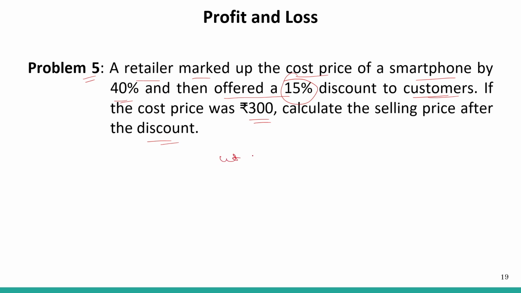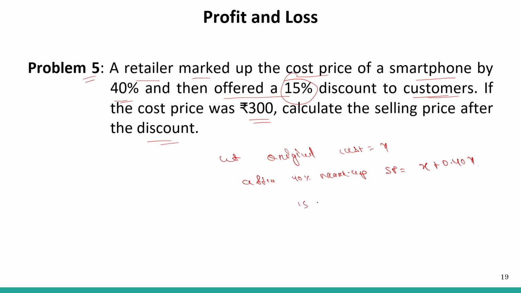So let original cost be X. So after 40% markup, SP is equal to what? X plus 0.40 X, right? Then what happened is he offered 15% discount to customers.